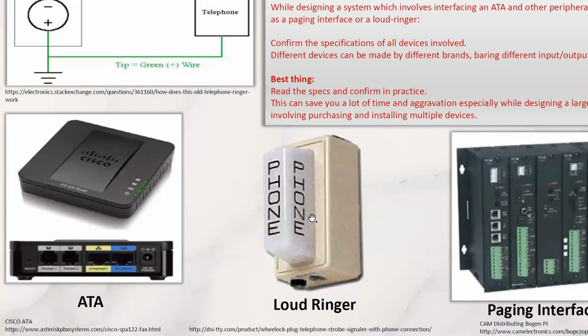Now, some of these have just a dry contact relay. So if the relay is closed, or the dry contact is closed, then this thing activates, and of course it's being plugged into something, right? All right, so then some of them have a POTS connection.